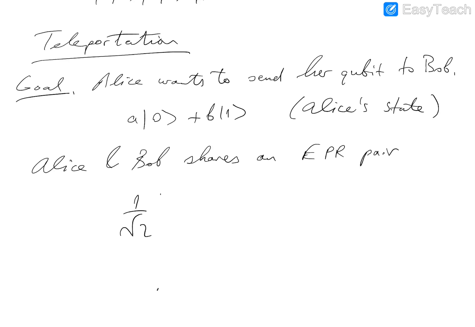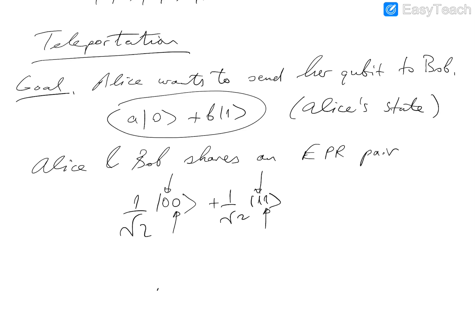As we stated, it's 1 over square root 2 times |00> plus 1 over square root 2 times |11>. Let's suppose that the first qubit belongs to Alice, and the second qubit belongs to Bob. And then Alice also has her own qubit that she wants to send.